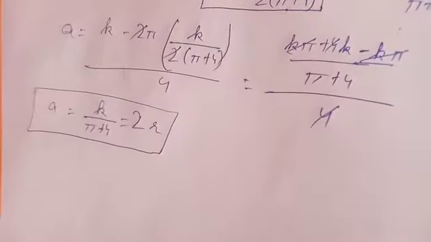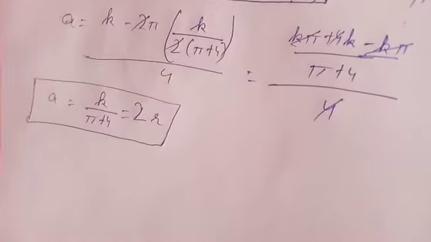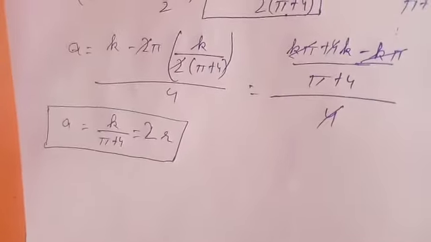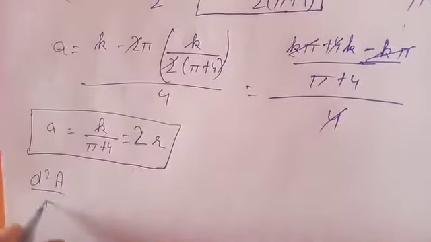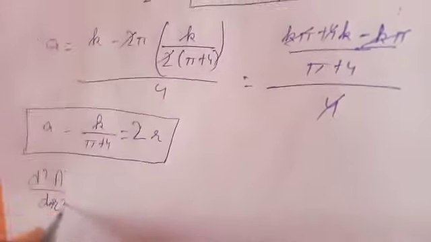Now we have to check whether our area will be least here, that is minimum, or maximum. To check that, what we have to do? We have to do the double derivative, d square A by dr square.